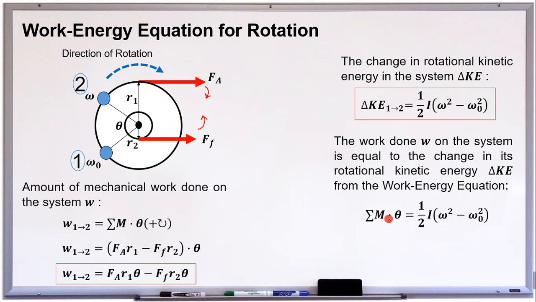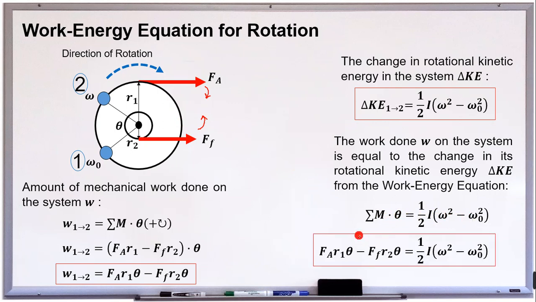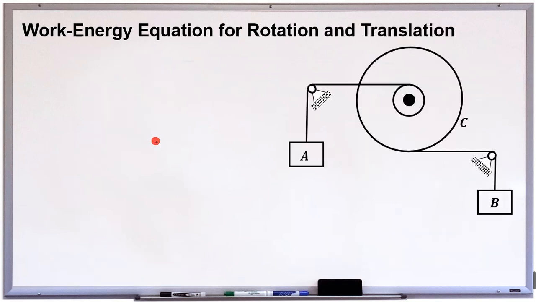We have summation of moment times θ is equal to 1/2 I (ω squared minus ω naught squared). Substituting the expressions for both the left side and the right side, you will end up with this equation. This equation models the work and energy interaction that exists on this rotating body.